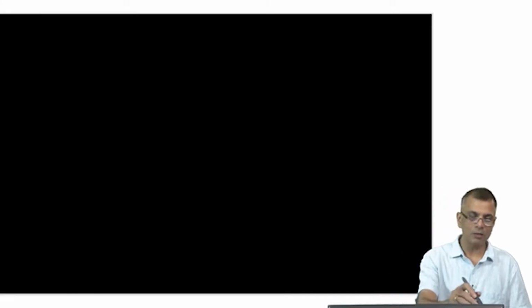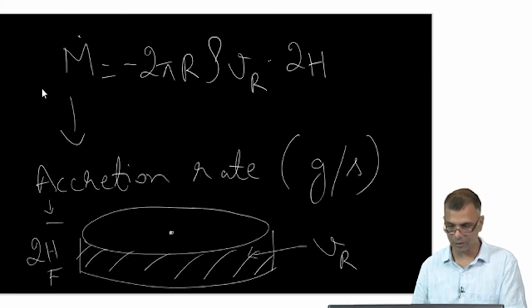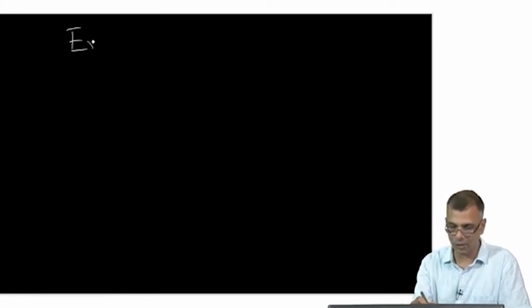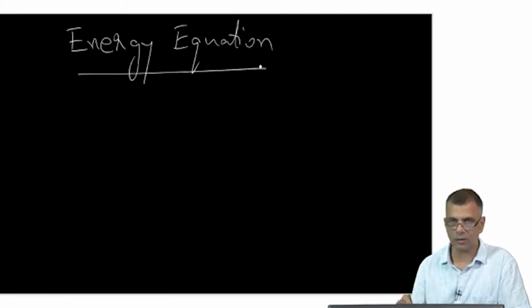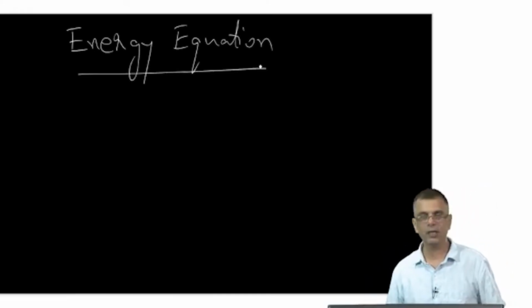Okay, so now we are ready to discuss the energy equation. Now that we're done with mass conservation, which is essentially this, and all three components of the momentum conservation, we are ready to discuss the energy equation. Before doing that, let us step back briefly to try to understand what we are expecting.